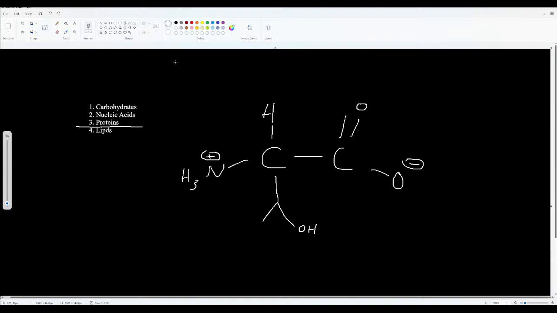Another neat little thing are the protein foldings. So proteins have four levels of folding: primary, secondary, tertiary, and quaternary. So primary is the sequence of amino acids in a chain, right? So, like I said, the only thing that changes is the R group, right?